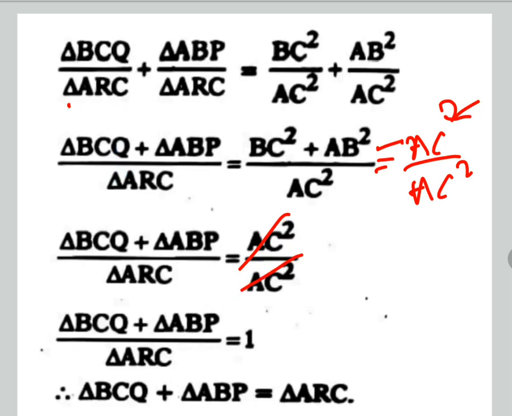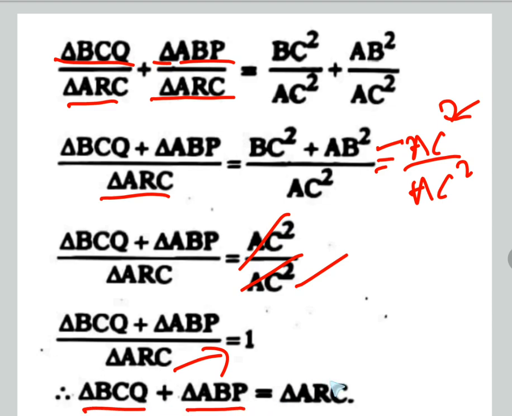Here also the area of triangle ARC is common. So BCQ plus triangle ABP by triangle ARC is equal to 1. Now take the right side: the area of triangle BCQ plus triangle ABP is equal to the area of triangle ARC.